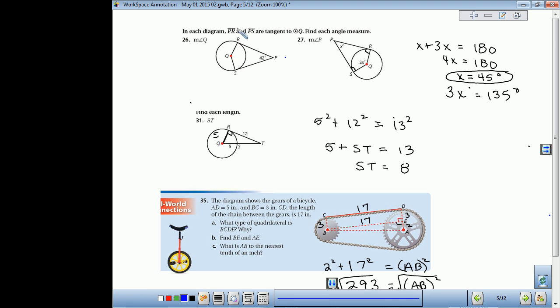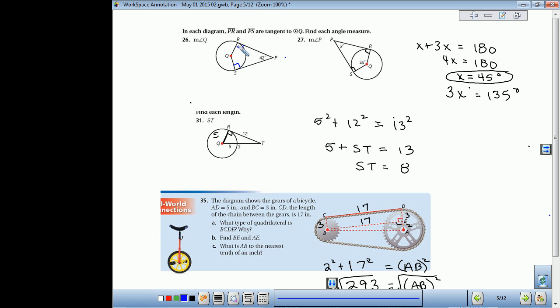On these, because these two are tangent, we know that they form a right angle, because they are perpendicular to the radius at the point of tangency. Now, I look at this whole big figure and see it as a quadrilateral. What do all the angles inside a quadrilateral add up to? 360, like a rectangle would be 360, right?